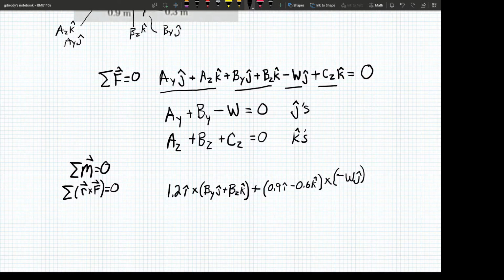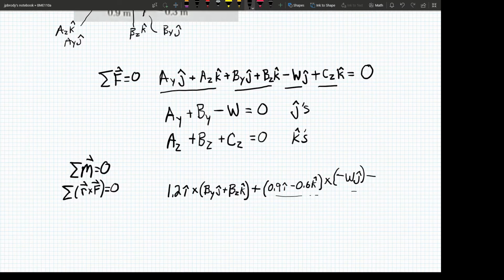Okay. So again, we've got R cross F for the forces acting at B. The R cross F for forces acting at A were all 0 because the R vector is 0. R cross F for forces acting at B. This is the R cross F for the weight.